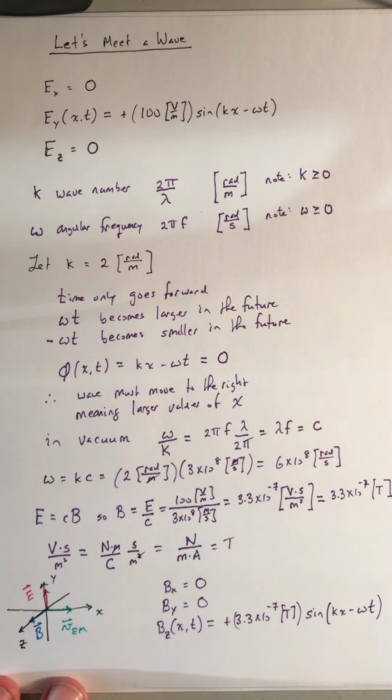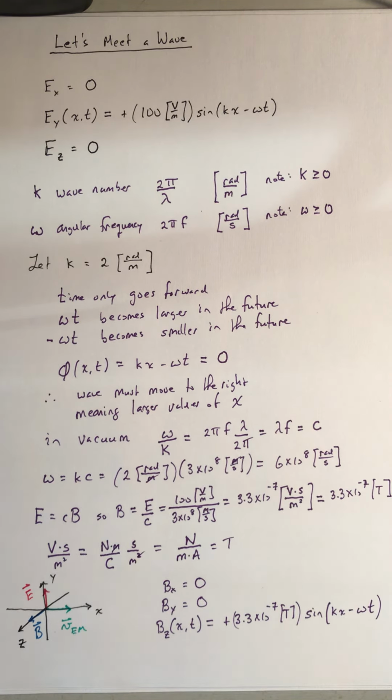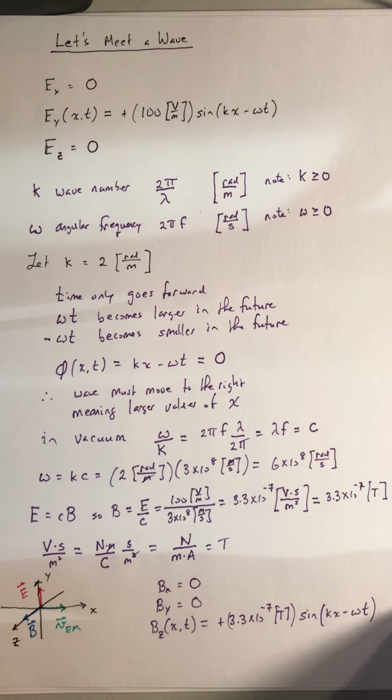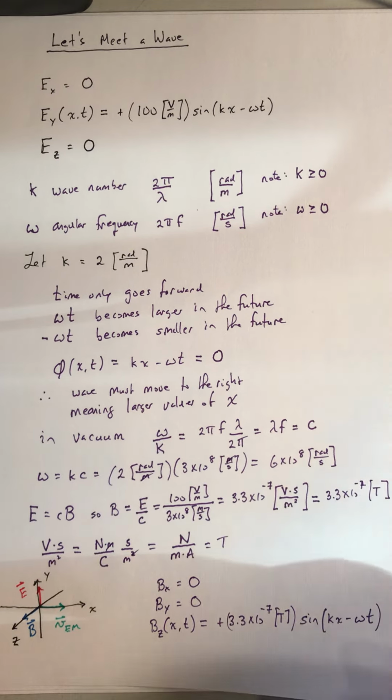The electric part and the magnetic part of the electromagnetic wave have the same wavelength, have the same frequency, and there is no phase offset between them. Alright, there's a couple other things we want to find for this electromagnetic wave.